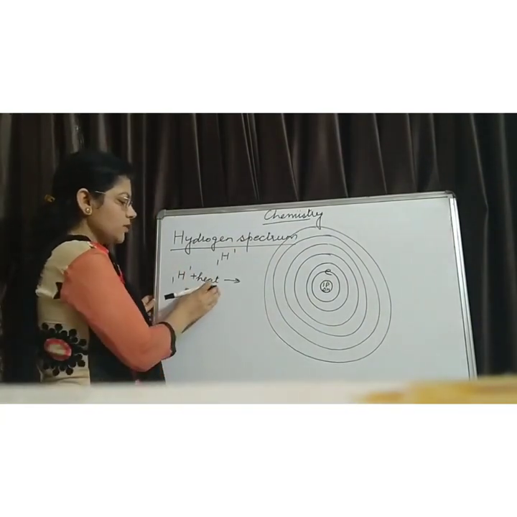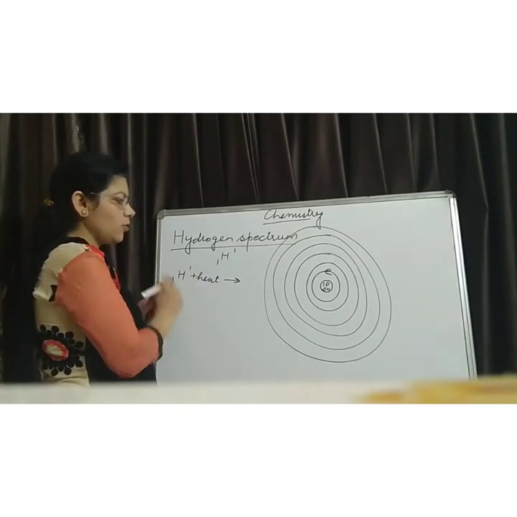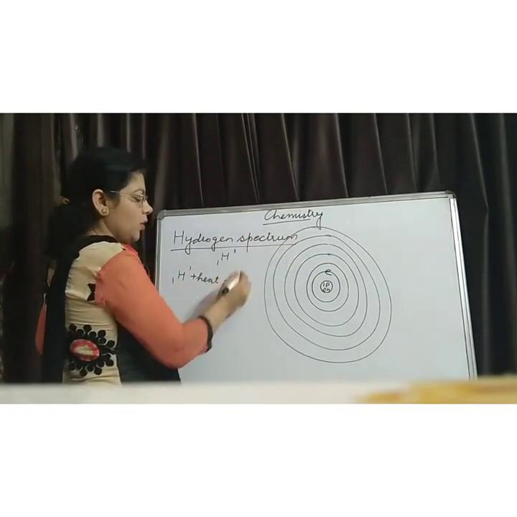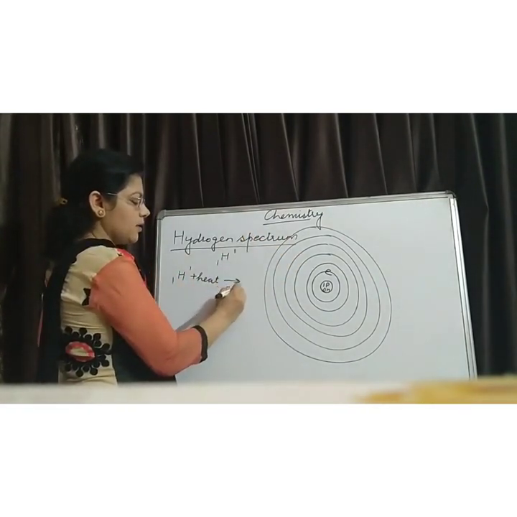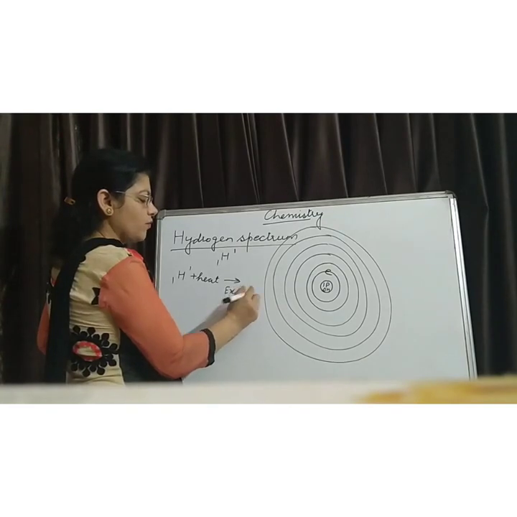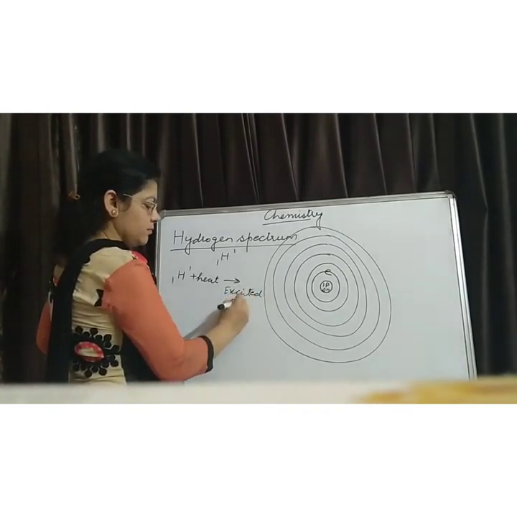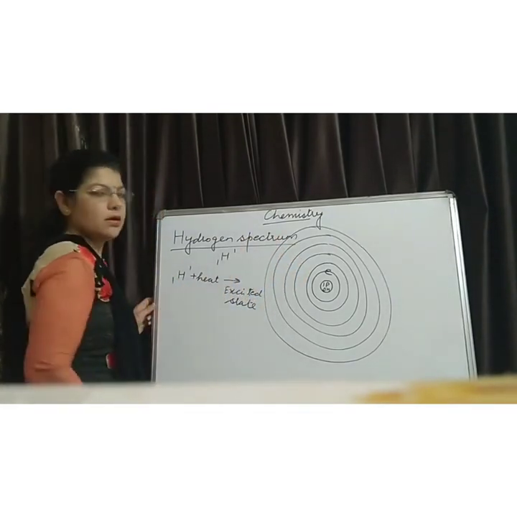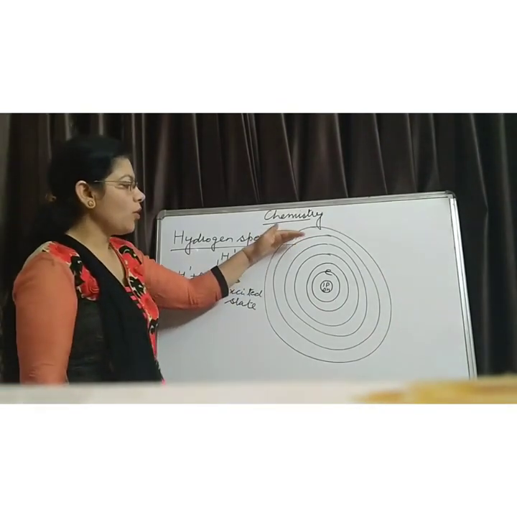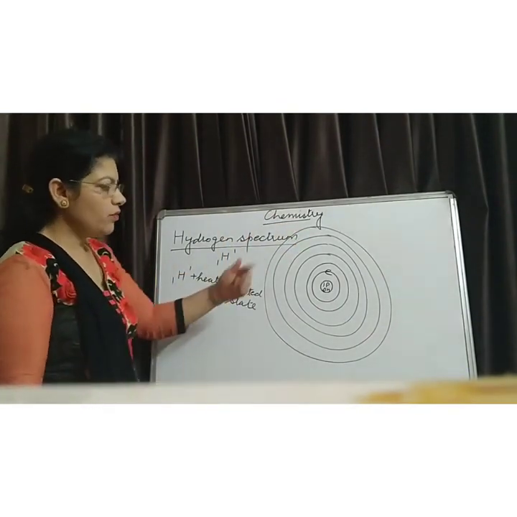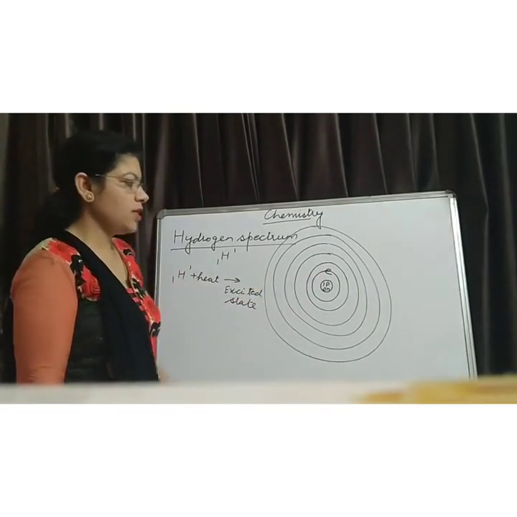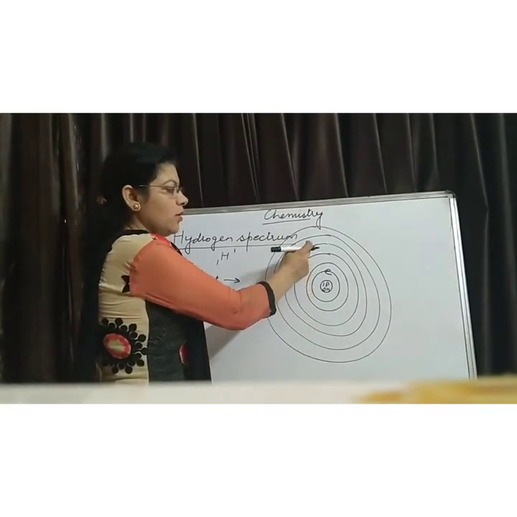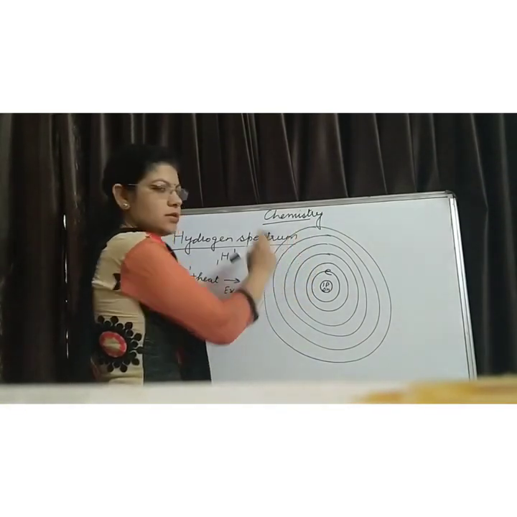Let us consider that when we supply the heat or energy to this electron, then the electron jumps into another orbit, which is known as the excited state of the hydrogen. These all orbits are known as the excited orbits for the hydrogen. When we supply energy to this electron, it may jump into second orbit, third orbit, fourth orbit, fifth or sixth.